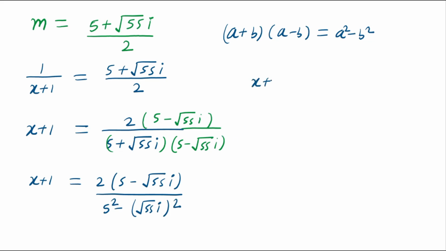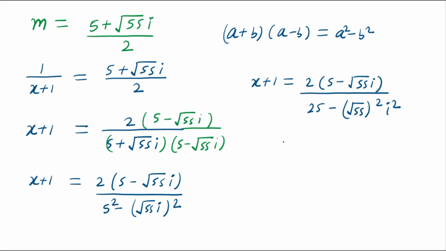Then x plus 1 equals 2 times 5 minus square root of 55 times iota, divided by 25 minus square root of 55 times iota squared. The square root is cancelled out by the square, so here we get 55, and iota square is minus 1.